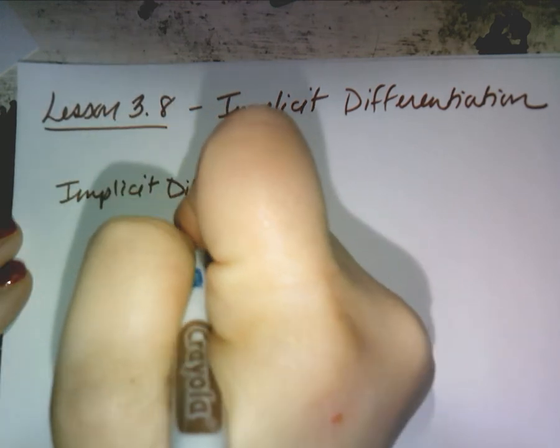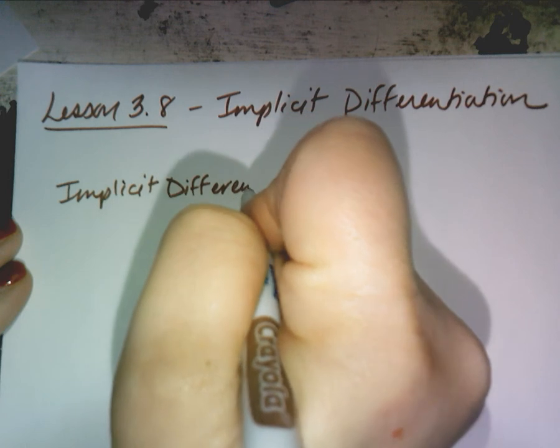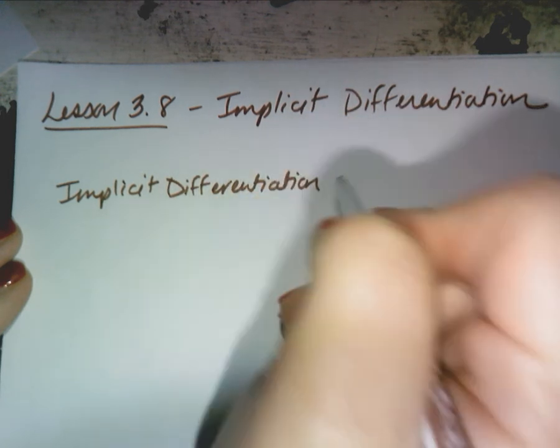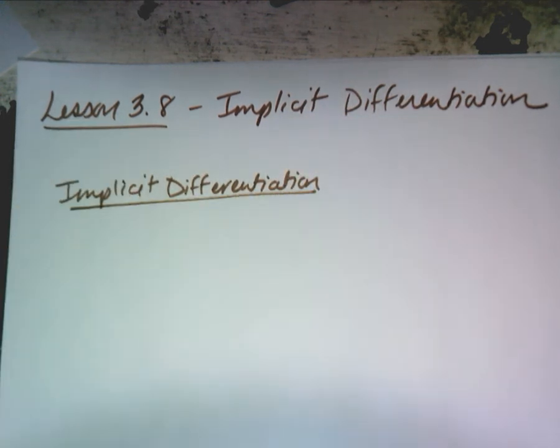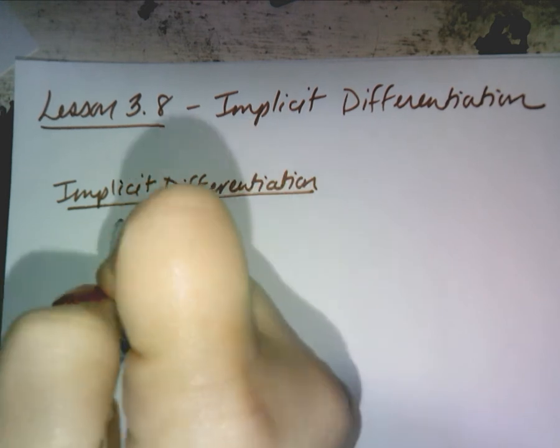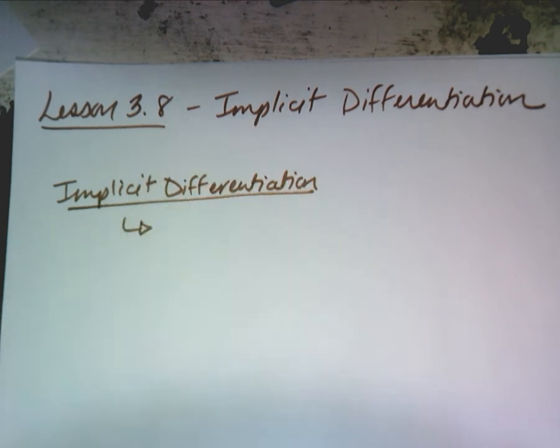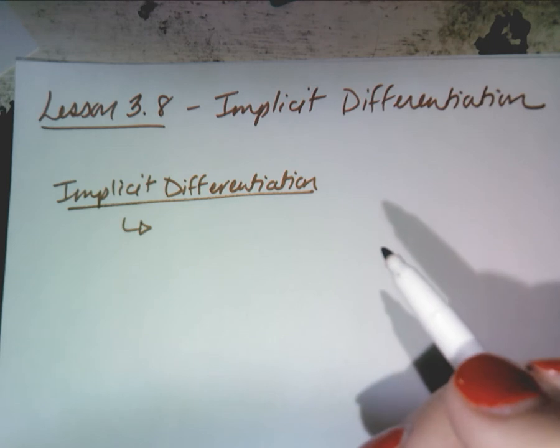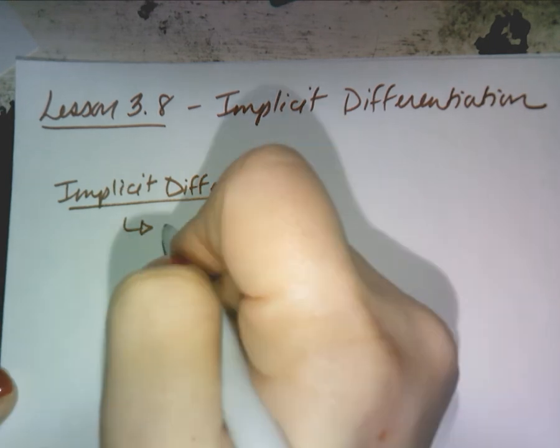Implicit differentiation. Remember, differentiation is just the process of taking a derivative, okay? So what happens is we could get really, really complicated equations that are too difficult to take a derivative for.